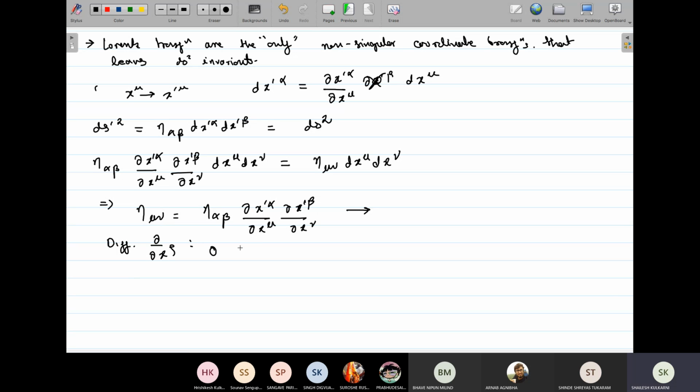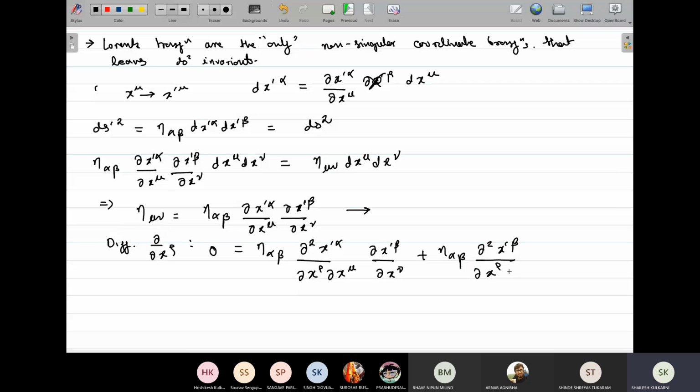and on the right hand side, what am I going to get? Eta alpha beta del 2 x prime alpha by del x rho del x mu, okay, del x prime beta by del x nu, plus eta alpha beta del 2 x prime beta by del x rho del x nu, and this term as it is.